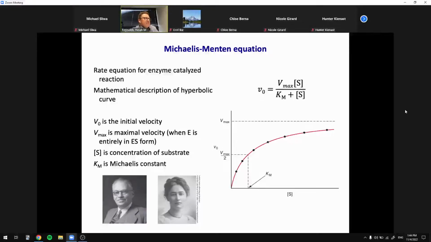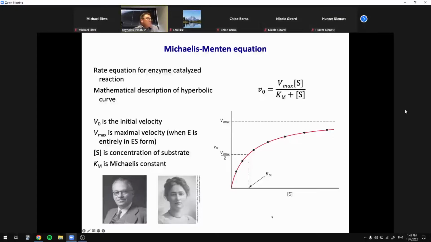Calculate initial velocity, calculate Vmax or Km or the substrate concentration. But it's not going to be any more complicated than what was on the quiz. If you can understand how to do that, I think you have what you'll need for the Michaelis-Menten equation on the exam.